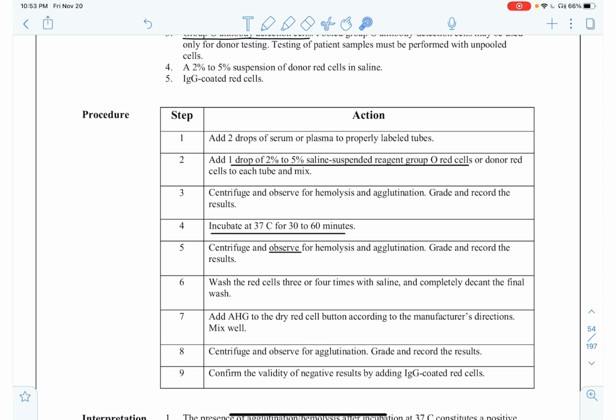And one of my colleagues for her SBB project performed a study in which she differentiated between Liss and saline method, and she discovered and confirmed that there was not any difference in the strength of reactivity using Liss or saline method, but really the benefit of Liss over saline is the amount of time of the incubation period.